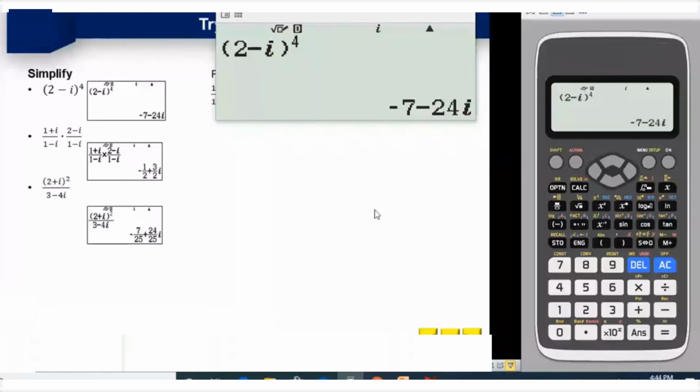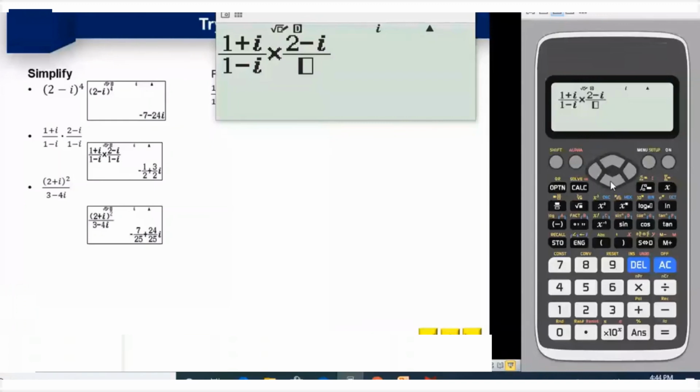The second is a fraction. So I opened up a fraction, 1 plus iota upon 1 minus iota. I will come out of the fraction, multiply. I will write another fraction, which is 2 minus iota upon 1 minus iota.